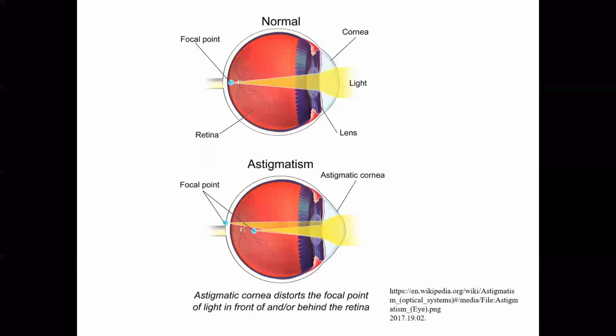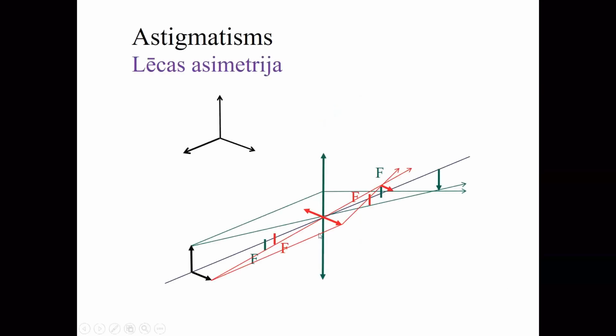So in the ideal case, this focus F, the red one, must be the same as the focus green F, and therefore we have the image of the red one at the same plane as the green one.